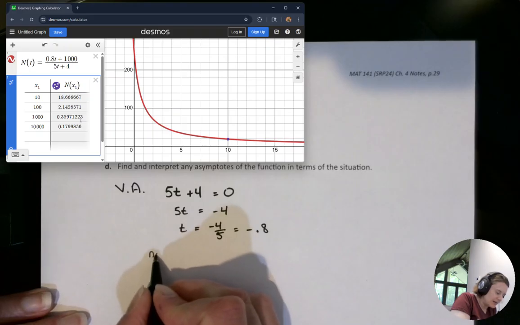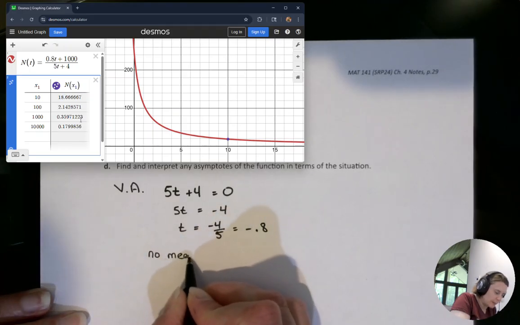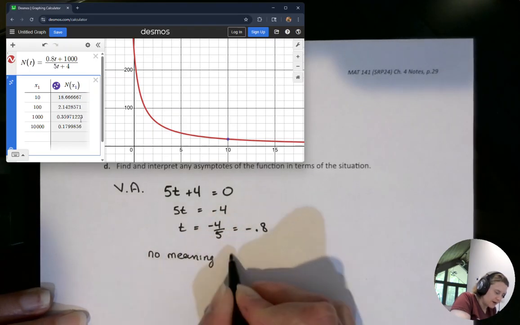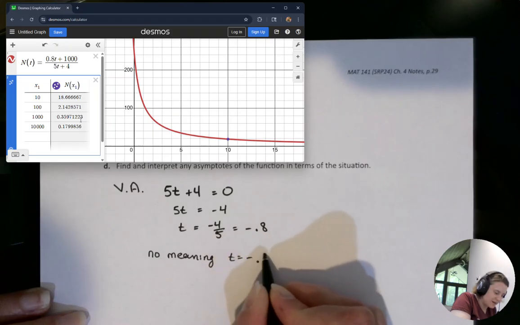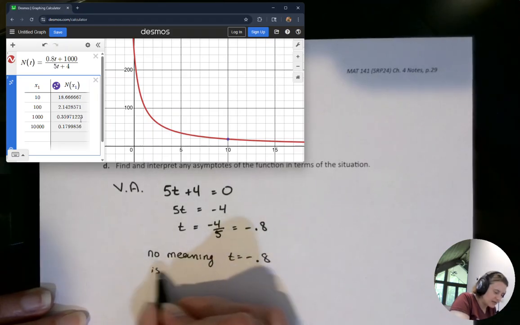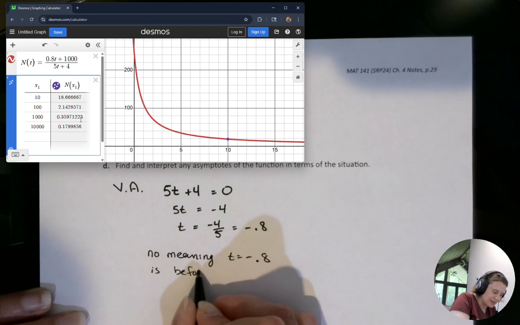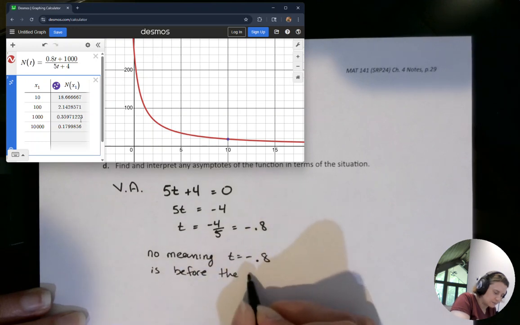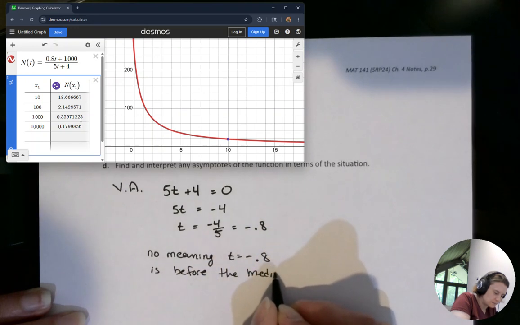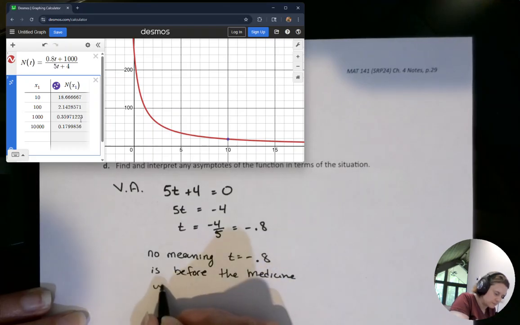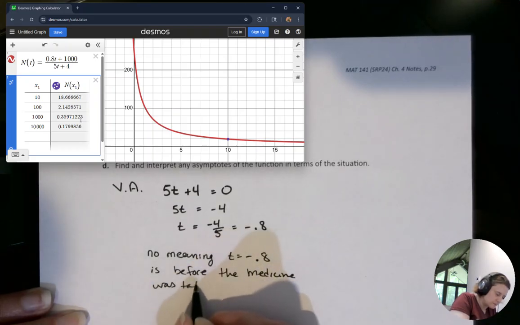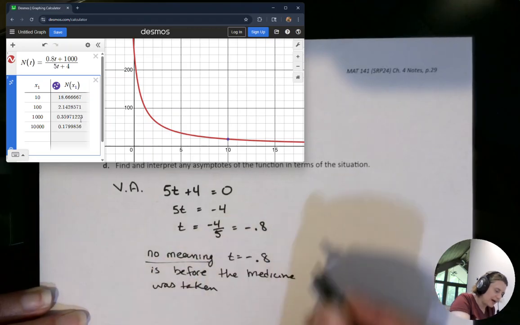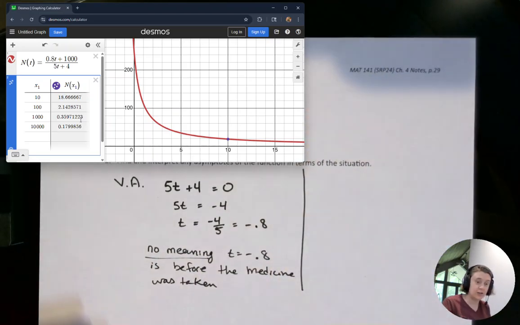So we're going to say this has no meaning because t equals negative 0.8 is before the medication was taken. So we're not able to assign a meaning to the vertical asymptote. We can find it. We can see where it's at on the graph. Not going to have a meaning here.